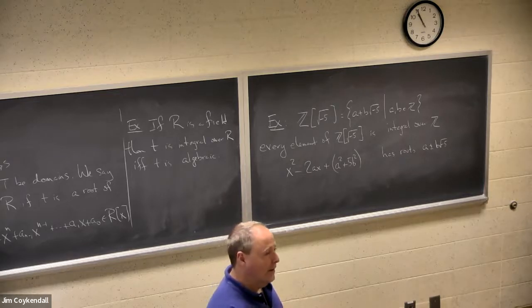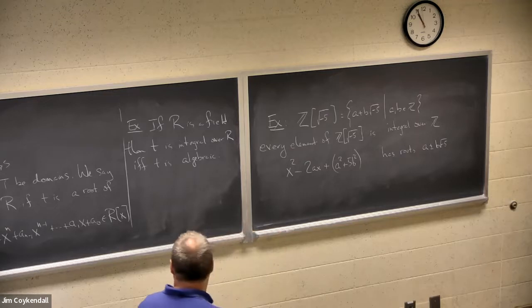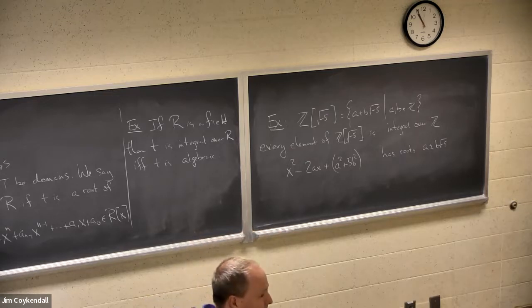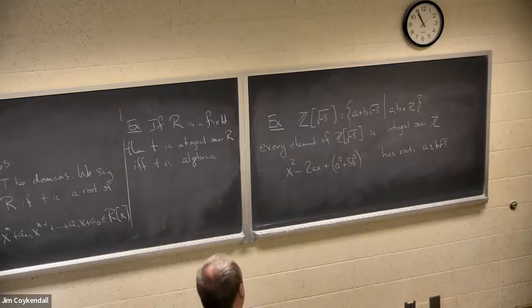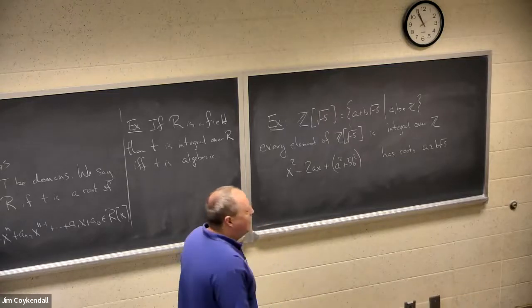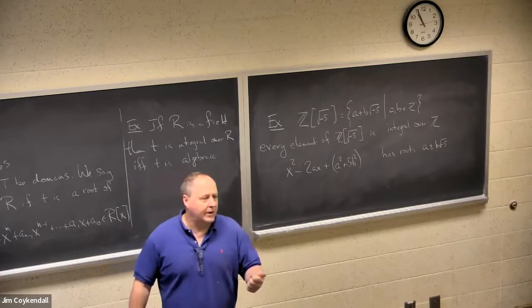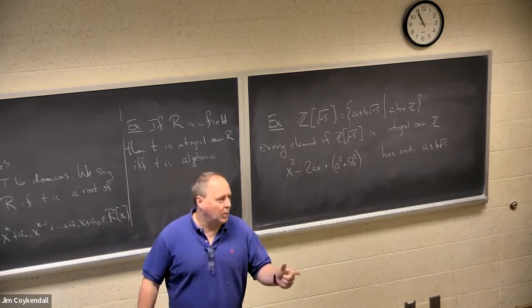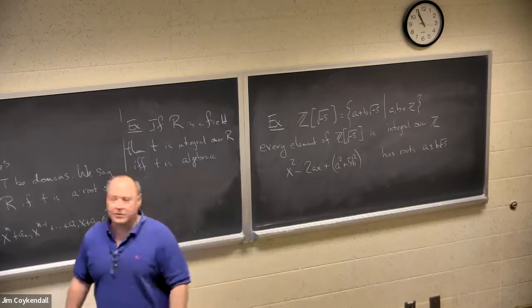Yes, so for integral, are we required to have the polynomial irreducible? No, the polynomial does not have to be irreducible. It could be anything, as long as it's monic. That's right, and it's good you put your finger on that, because actually some weird things can happen in certain situations.